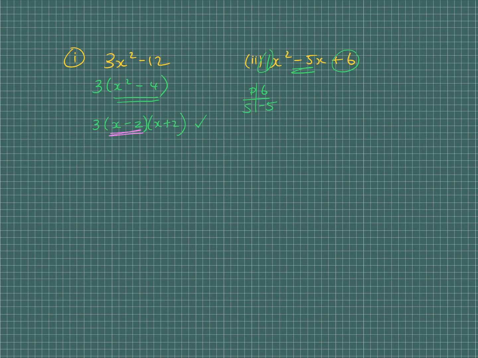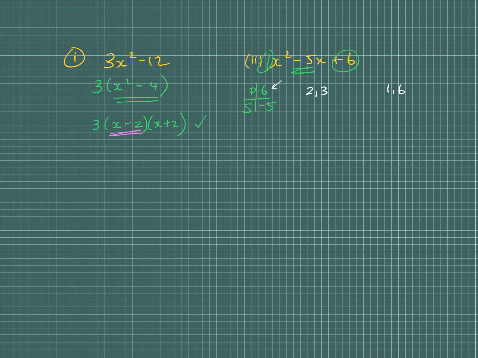All I look for is this 6 and say, well, what are 2 numbers that can multiply together to give 6? Well, there are 2 combinations, and it's important to look at both of these combinations. What you might notice is that they both multiply together to give 6, and both of them have potential to make negative 5. So be very careful, because only one of those combinations will actually work.